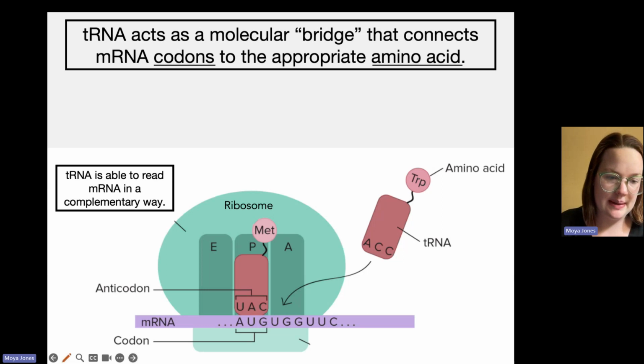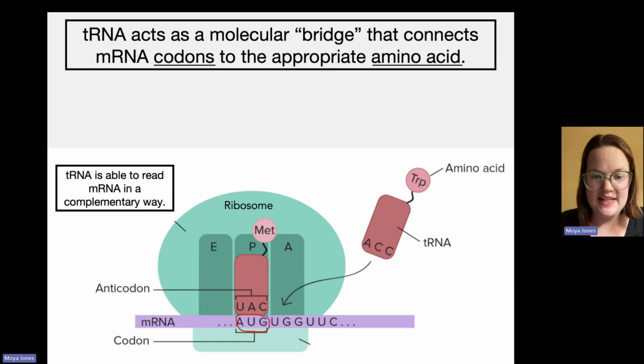If we look on our mRNA, our first codon is AUG. So tRNA is going to have to connect to that. So the anticodon would be UAC, because that's what would bond with and connect to the codon.